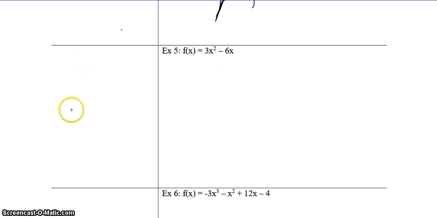And I could just do writing. Okay, so if we try to do end behavior first, well, this is nice. It's not factored, so we could read it. Its degree is 2. Leading coefficient is 3, so that's positive.